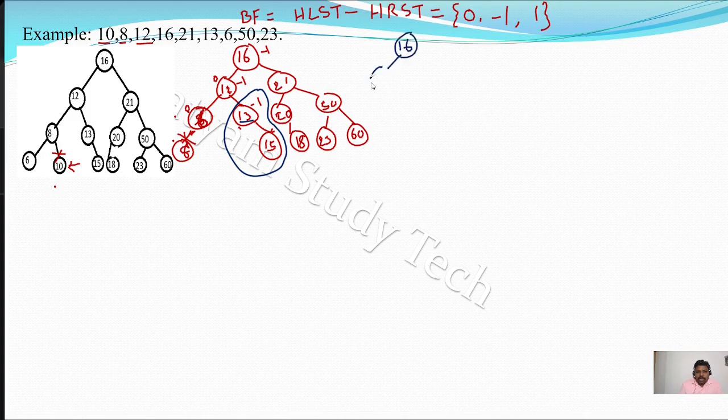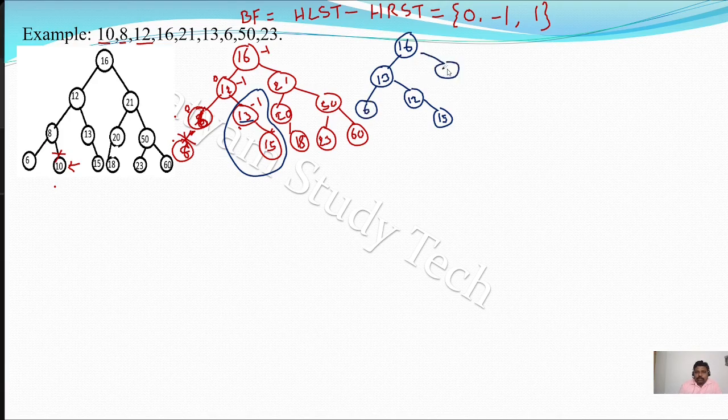I am following inorder. So if you want to delete 12, we can replace with 13 here. For your better understanding, I am taking swapping here, not replacing. Then here the left of 13 is 6.